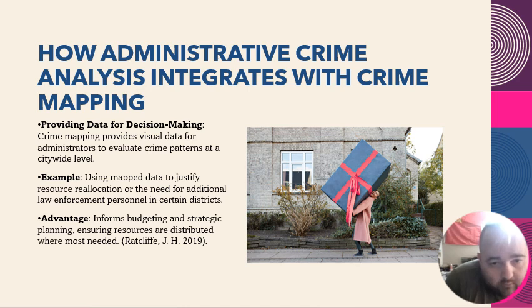An example would be using map data to justify where money is spent for the need of additional law enforcement for certain districts and areas. The advantage is that it informs budgeting and strategic planning, ensuring resources are distributed where they're needed most, with no wasted money.